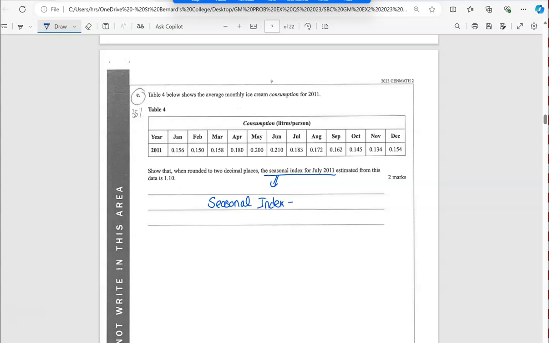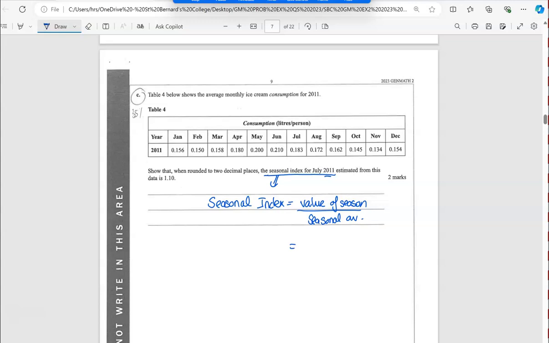The way you find that is you do the value of the season over the seasonal average. We need to find it for July.